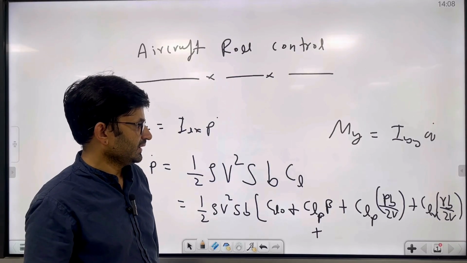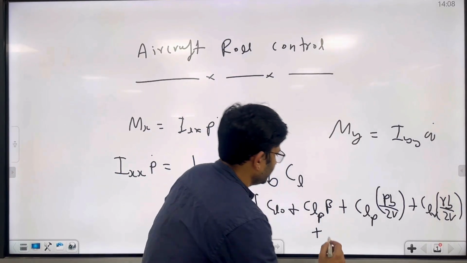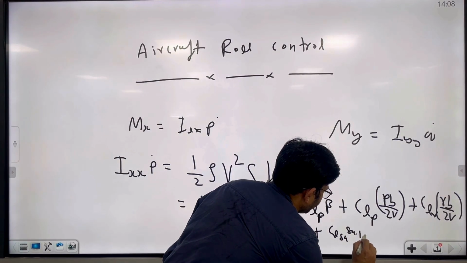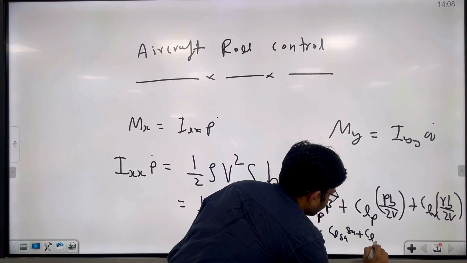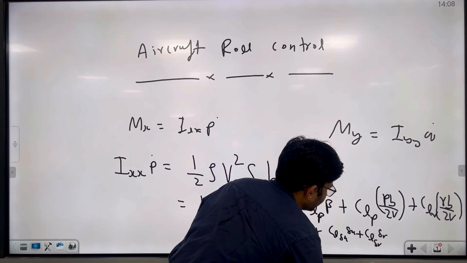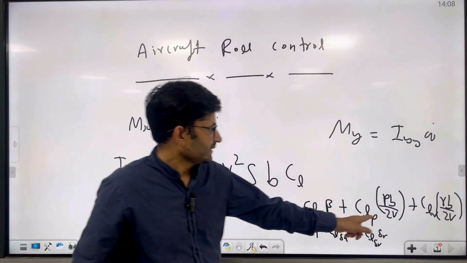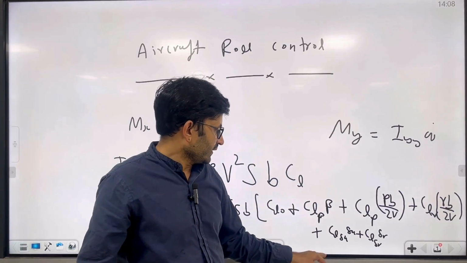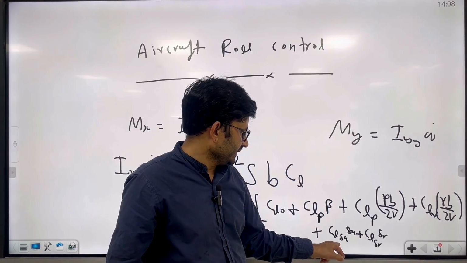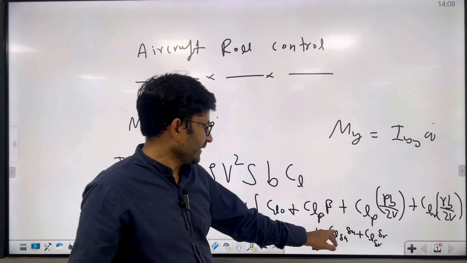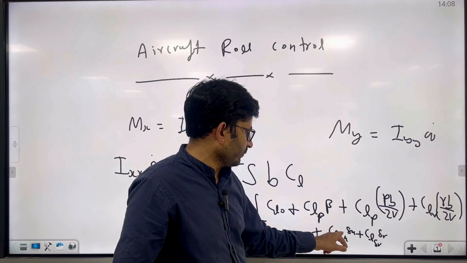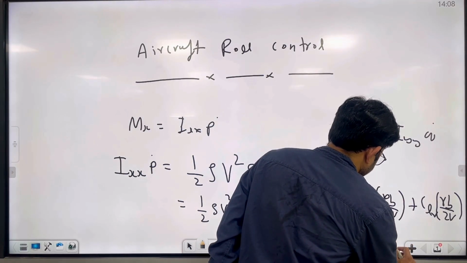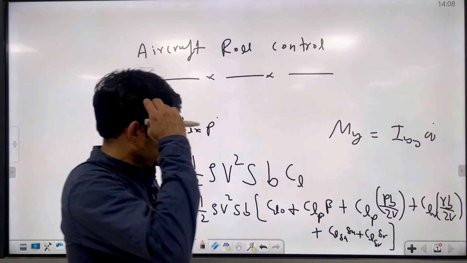And last, you can write Cl delta A into delta A plus Cl delta R into delta R. What are the coupling terms here? Clr and Cl delta R. That means when you are deflecting the aileron, you will have a roll moment due to the aileron as well as the rudder.